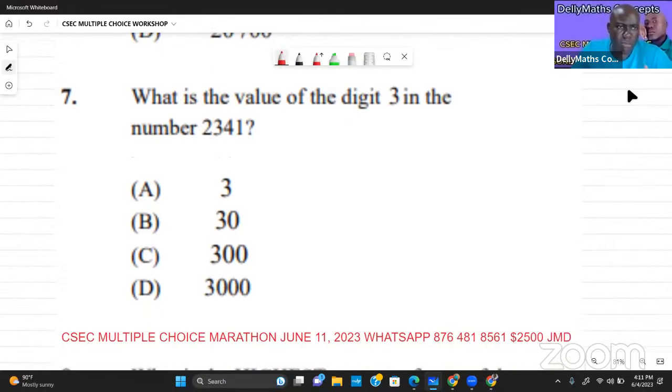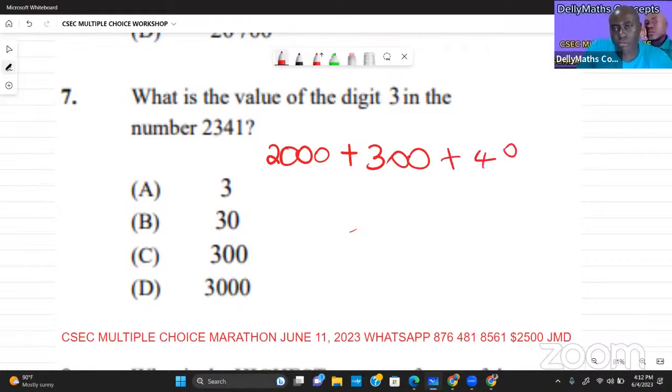All right. Number 7. What is the value of the digit 3 in the number 2,341? If you listen to me, if this is broken down in expanded notation, it is actually 2,000 plus 300 plus 40 plus 1.